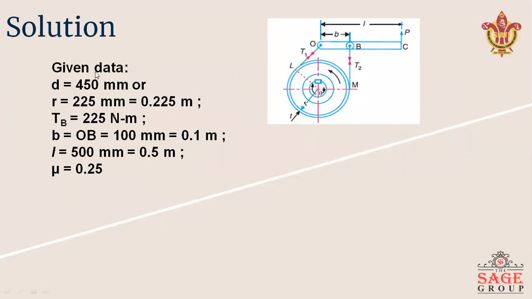So this is the solution, the given data. The diameter of the brake drum, this is the drum, is given as 450 mm, and all other data is also given. That means L is equal to 500, B is equal to 100.